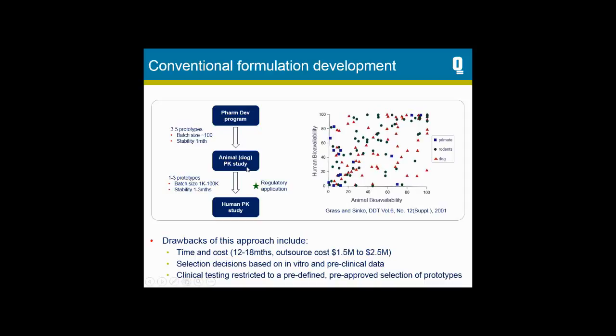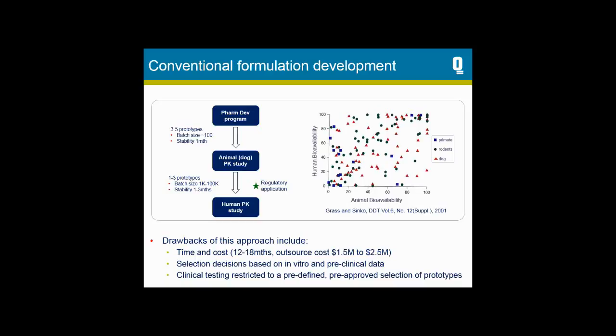Successful formulations from this step will then be subjected to conventional CMC processes, including product scale-up and ICH stability studies, to support regulatory assessment for a clinical study. This process takes a long time and carries considerable cost. Independent assessments of this are in the region of 12 to 18 months and $1.5 to $2.5 million in outsourcing costs.